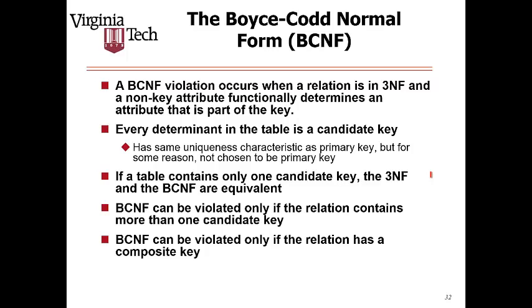It's rare that you're going to have two valid candidate keys. To me, that's highly unlikely. And we do have many relations that have composite keys, but the idea that you would make a functional dependency where a non-key attribute determines a part of the key is, I think, unlikely.